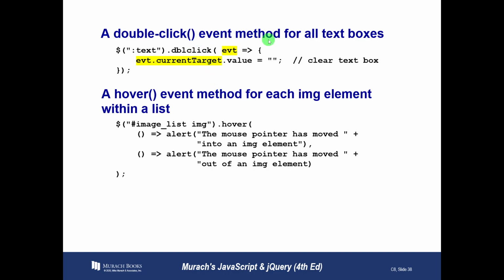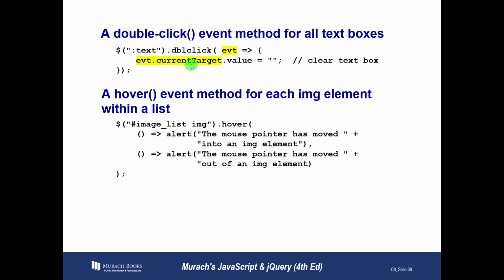Here's a double click event method for all text boxes. So find any element that has text, set a double click method, and when the event happens, whichever item was clicked on will be stored in this EBT variable for this function, and we will set the current target, whatever that event.current target is.